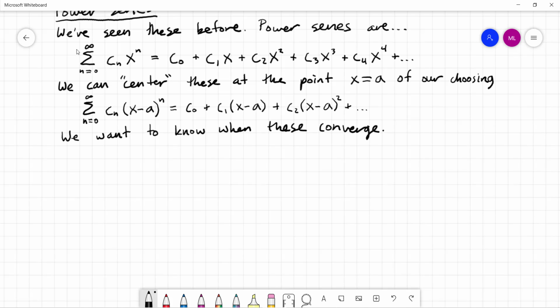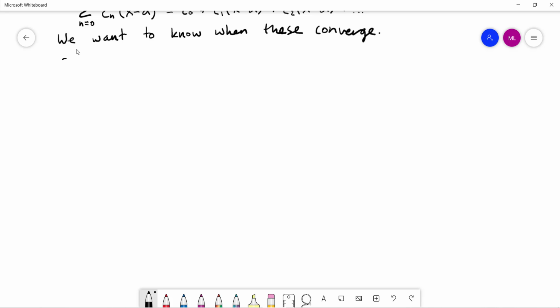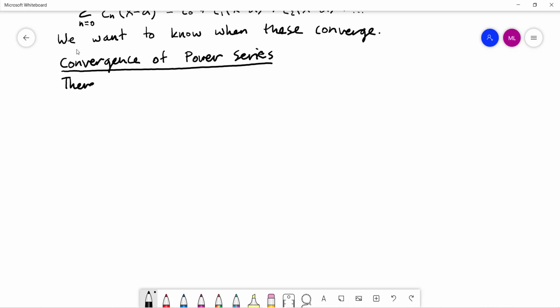Okay, so let's talk about the convergence of power series. There are three things that can happen when we talk about the convergence of a power series. So there are three possibilities.